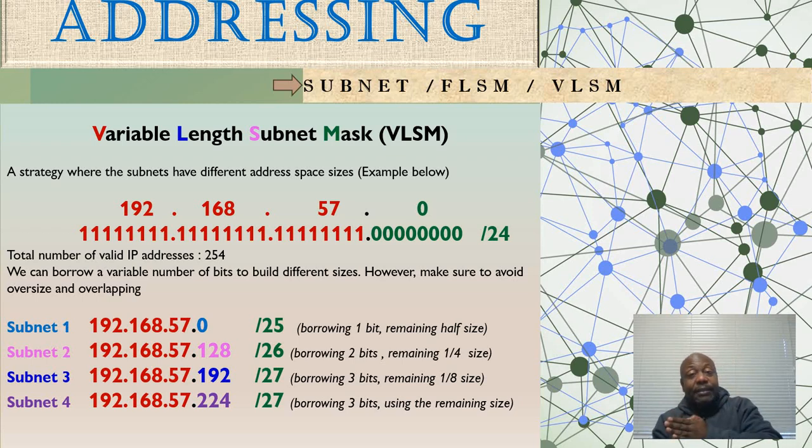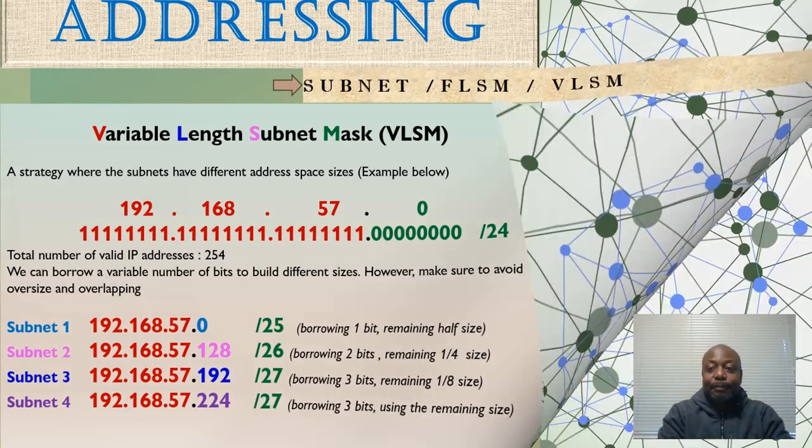The remaining space is going to start at 128, where we can also divide into 2. That's going to take from 128 to 191, and the remaining space is going to start at 192, that we can also divide into 2, right? That becomes variable. That's what we call it, variable length subnet mask.